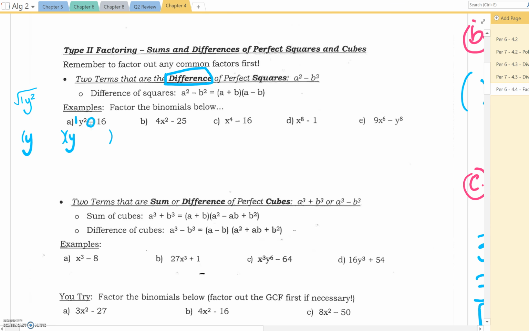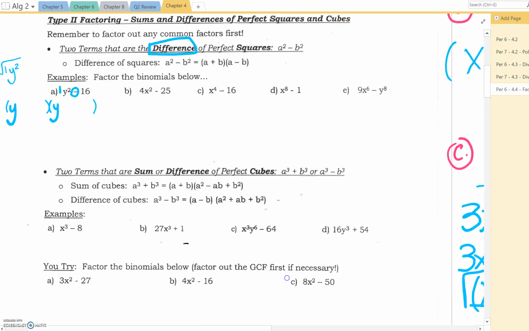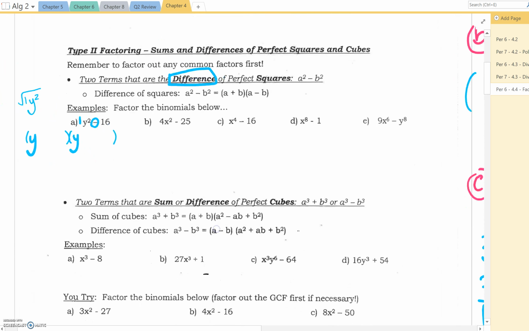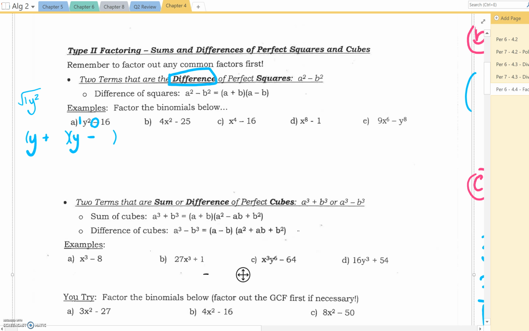Usually we see 3 terms. These only have 2 terms, which means that your signs have to be opposing. They just have to be opposites. What is now the square root of 16? The square root of 16 is 4, so you just write 4 twice.